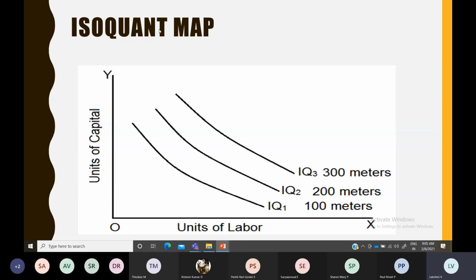So a higher indifference curve gives a higher level of satisfaction and a lower indifference curve gives a lower level of satisfaction. Here a higher level of output is a higher isoquant curve, and lower output gives the lower isoquant curve.